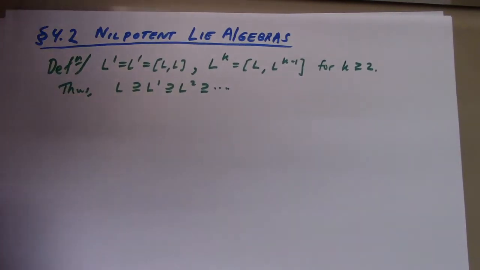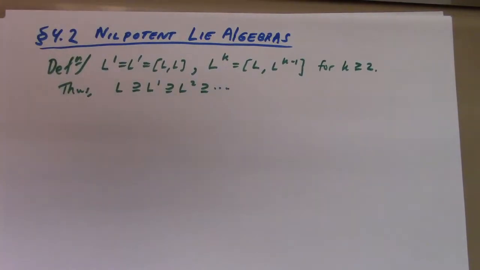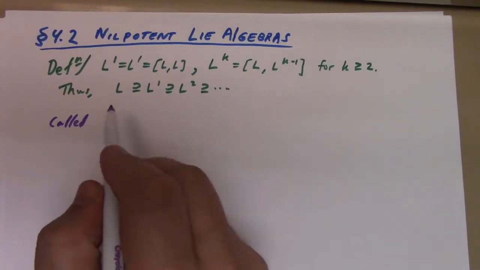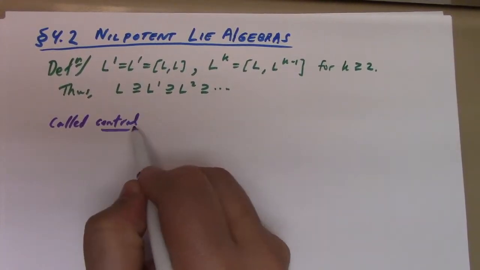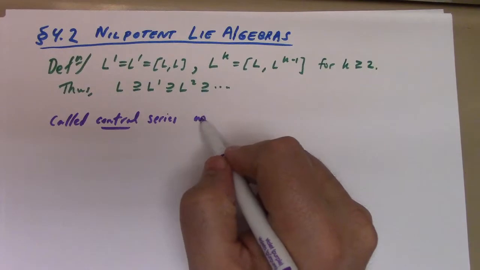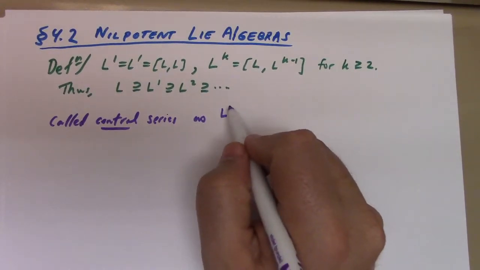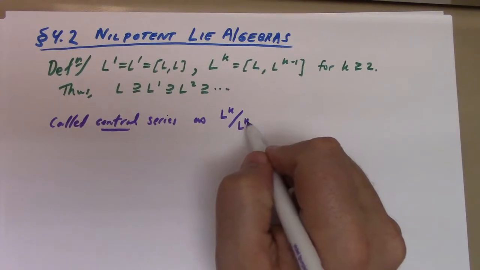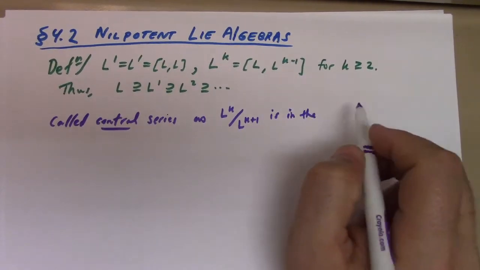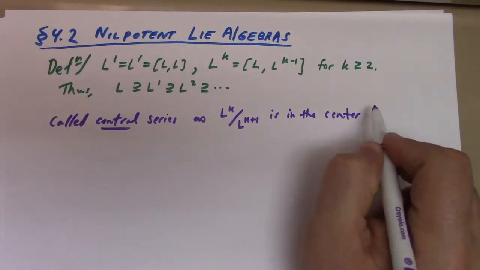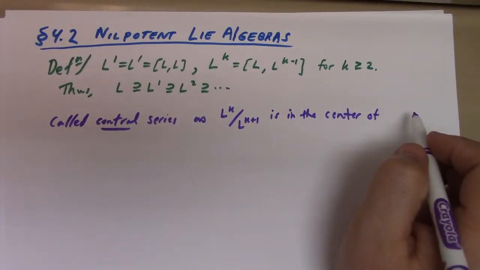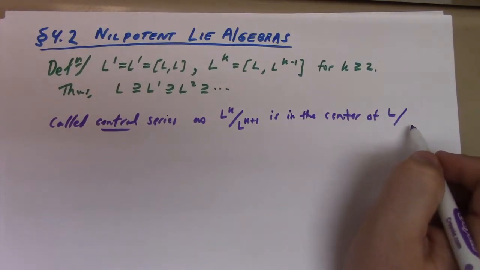So here's a little factoid for you: it's called a central series as the quotient of Lk by L_{k+1} is in the center of L mod L_{k+1}.